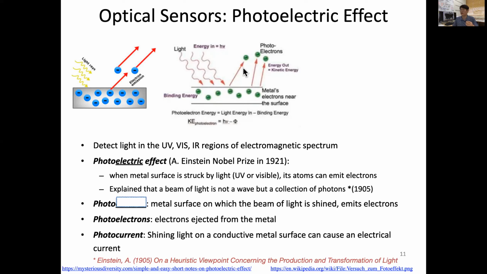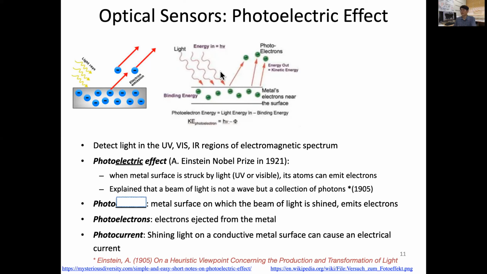It wasn't understood until Einstein explained that a beam of light is not a wave, but a collection of photons, and introduced the energy of a single photon as h nu, which is described here. h is the Planck constant, nu is the frequency of the light.